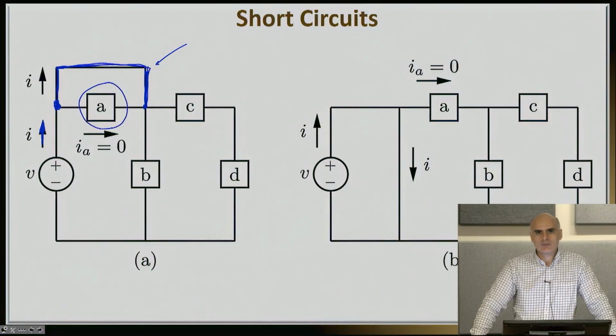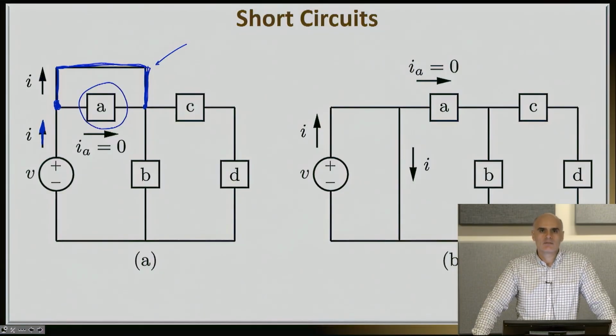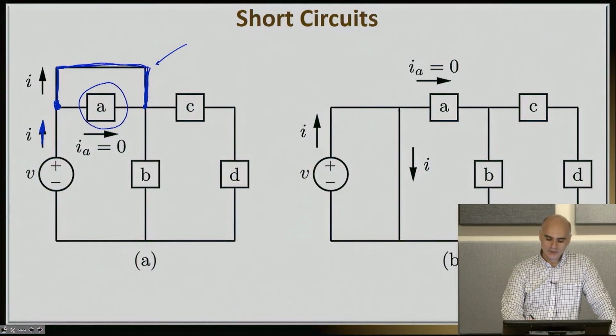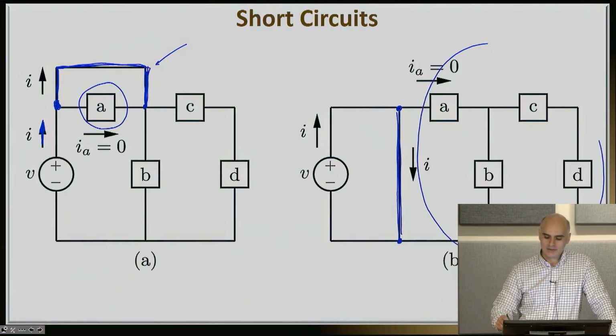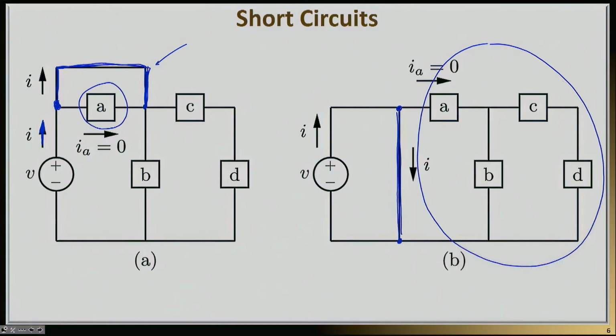On the other hand, you should be very careful with short circuits because, unlike open circuits, they're far more dangerous. For example, if you want to introduce this short circuit here, just because you may be thinking, okay, I now want to bypass my entire circuit, how about I just introduce this blue circuit here to bypass everything?